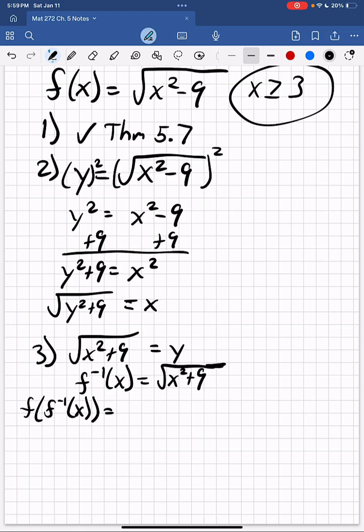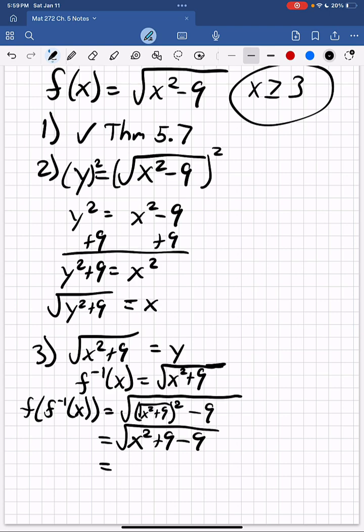So I have the square root of x squared plus 9, squared, minus 9. When I square it, the square root goes away, so that leaves me with x squared plus 9 minus 9. That's just the square root of x squared, and that is just x. So I am verified in this direction.